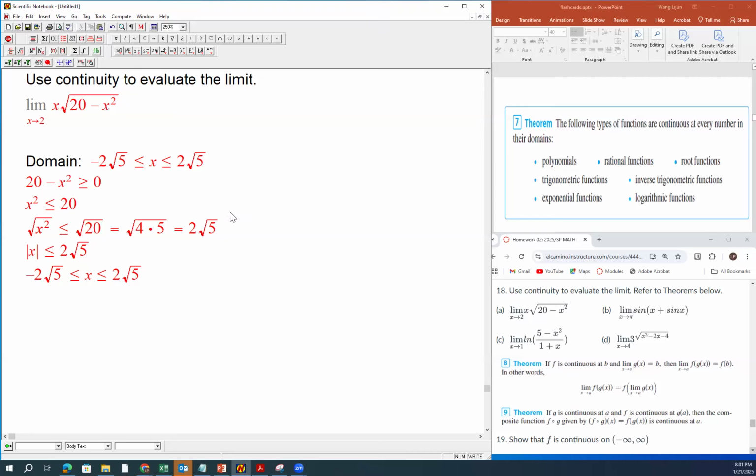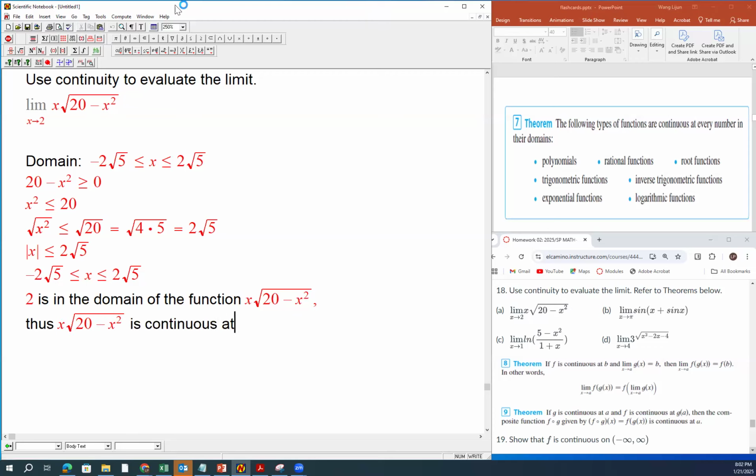So you would say 2 is in the domain of the function, the whole of it. Thus, the function is continuous at 2.